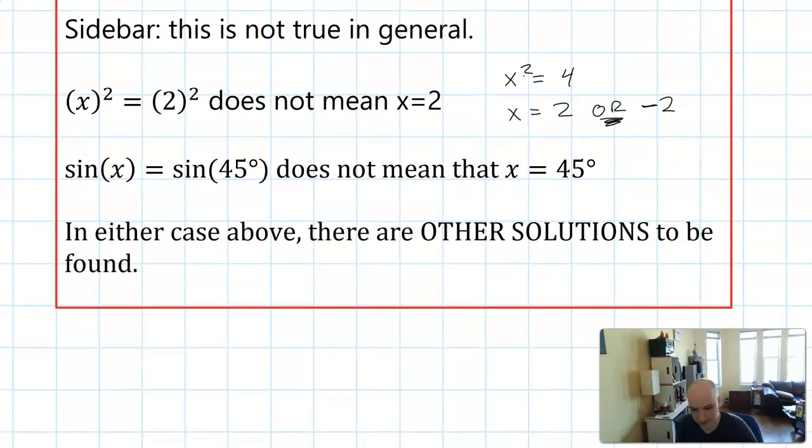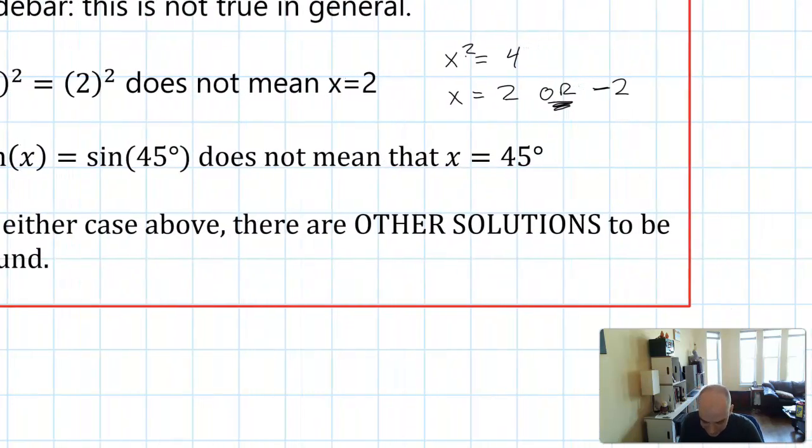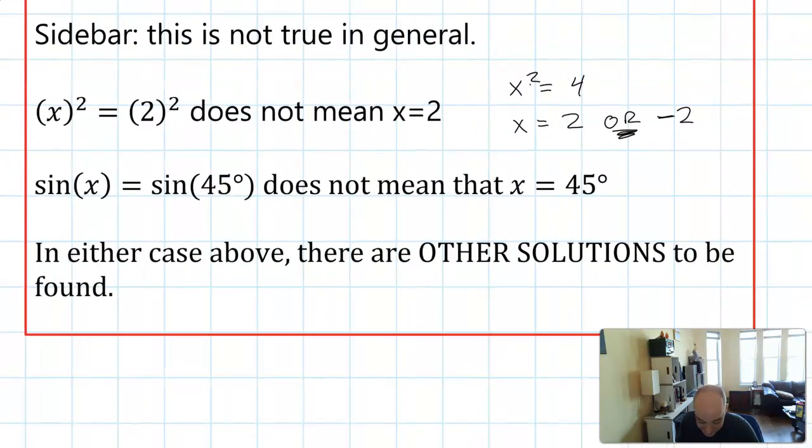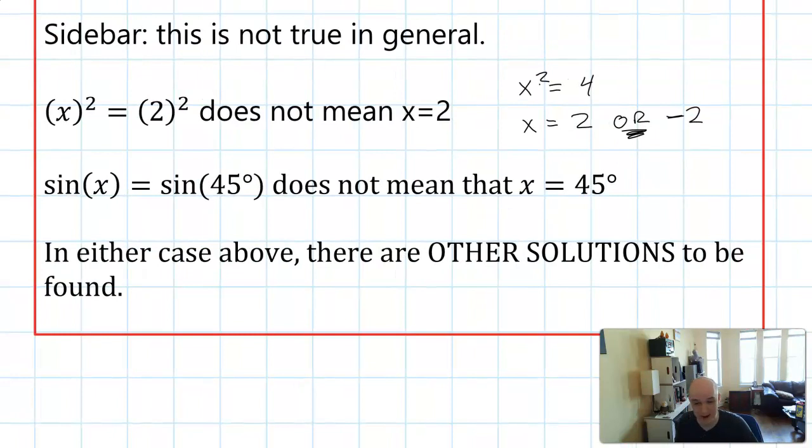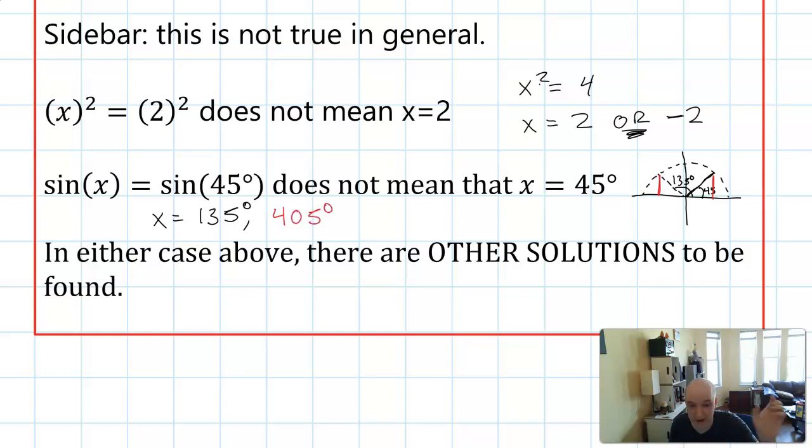Similarly, from trig, which you maybe remember from the past, sine x equals sine 45 does not just mean that x equals 45. That is one solution, but x could also equal 135, which would be the same sine value, the y-coordinate, but in the second quadrant. Or x could equal 405, which would be 360 plus 45. There's other solutions other than 45. So in either case above, there's other solutions to be found.